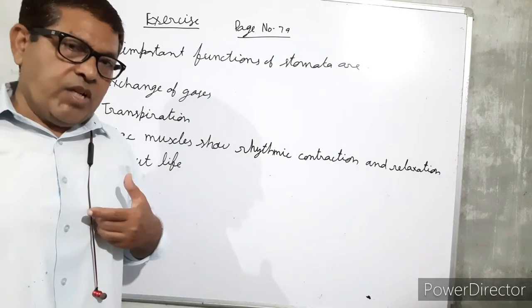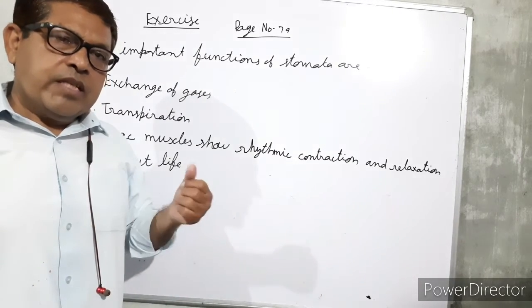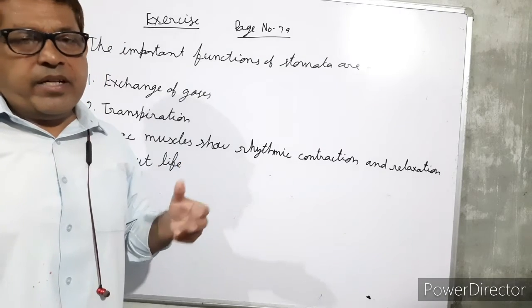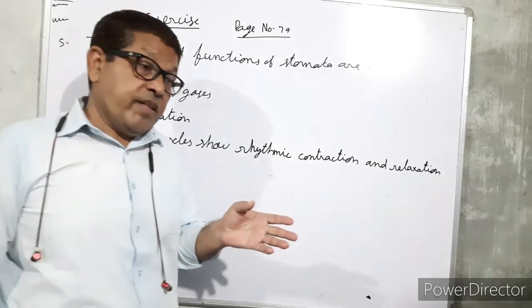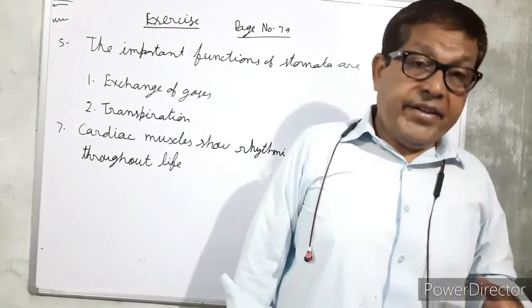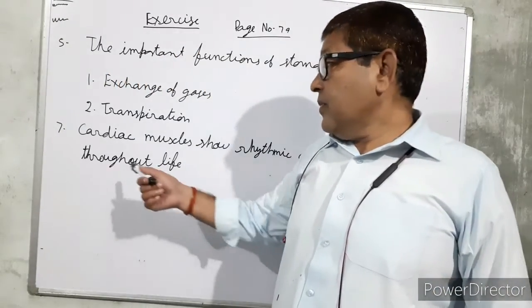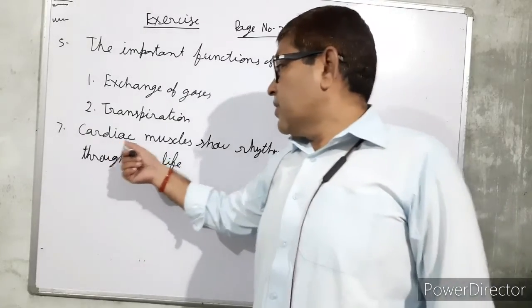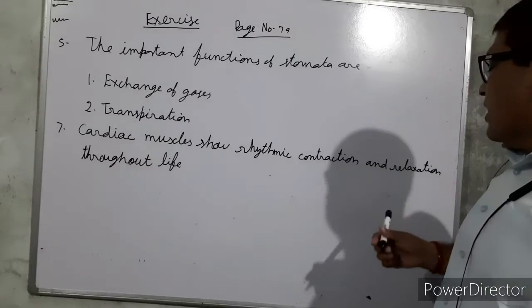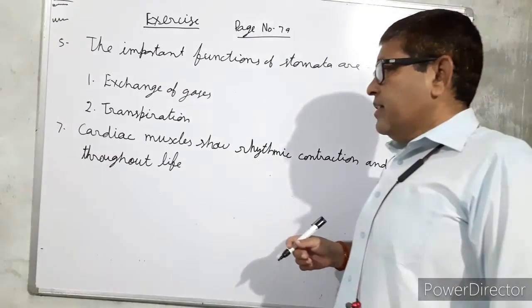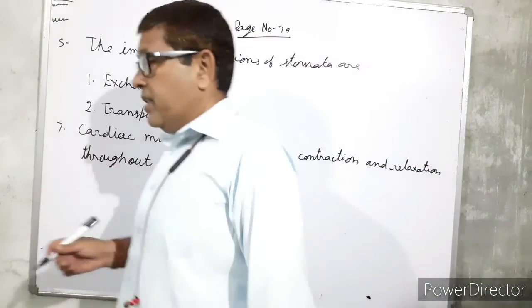Even before the birth of the child, the heart muscles contract and relax. The first organ formed in the body is the heart. So the function of cardiac muscle is rhythmic contraction and relaxation throughout life.